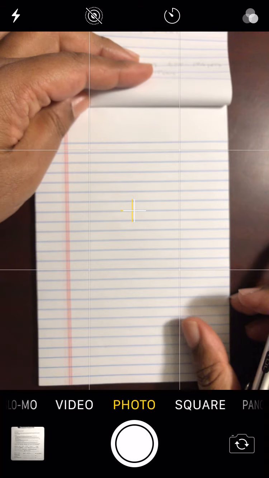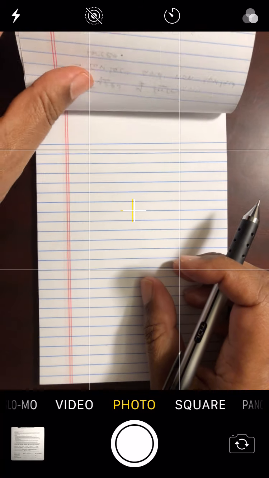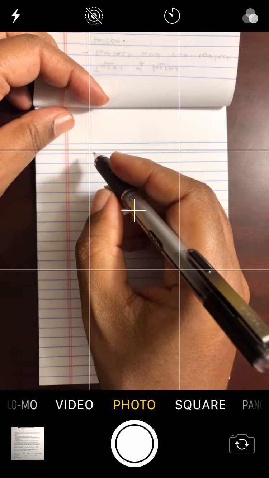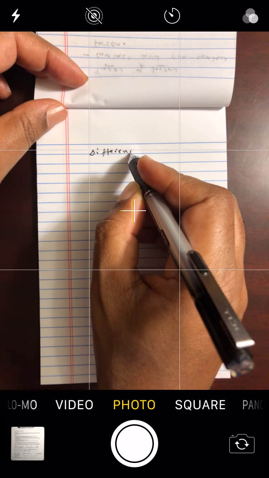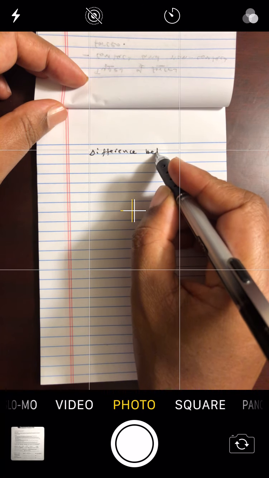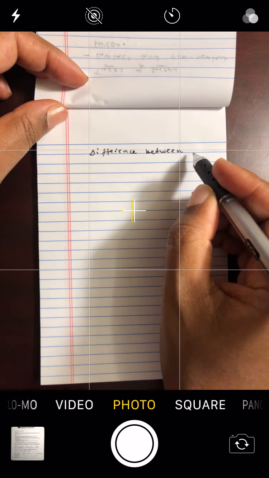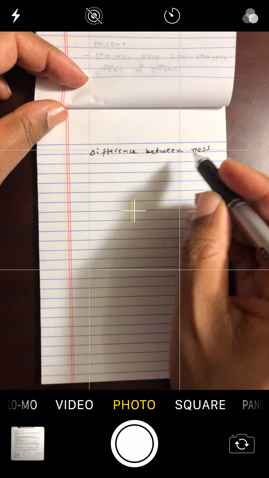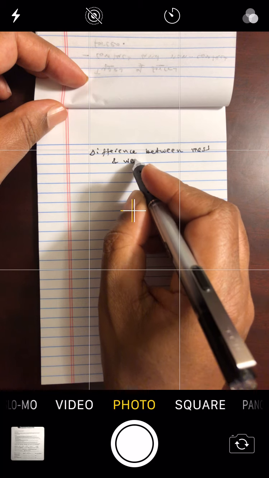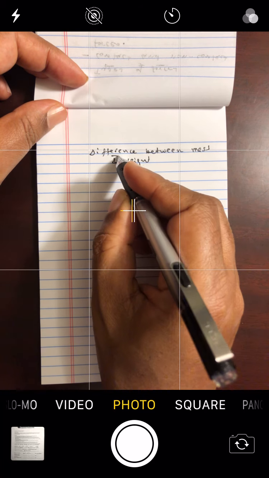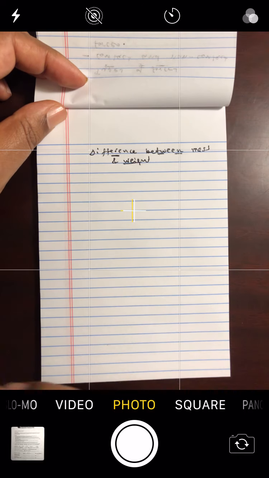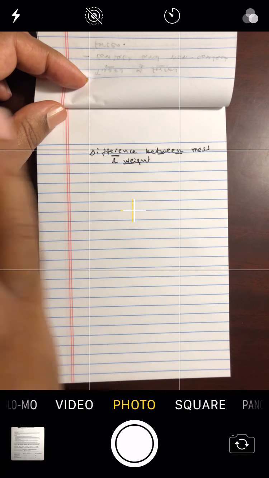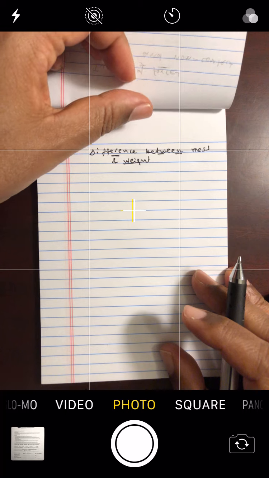Now we're going to look at the difference between mass and weight. Mass is a property of the object. It's a measure of the amount of matter the object has. So it doesn't depend on anything else.